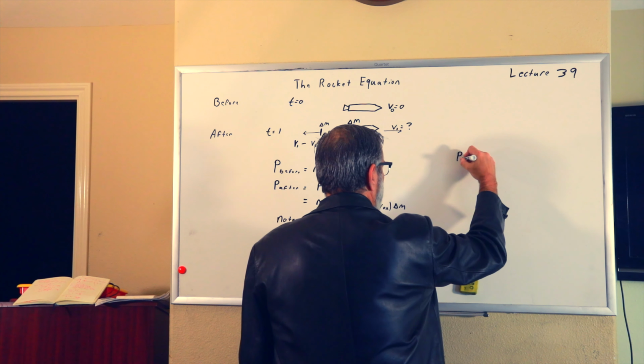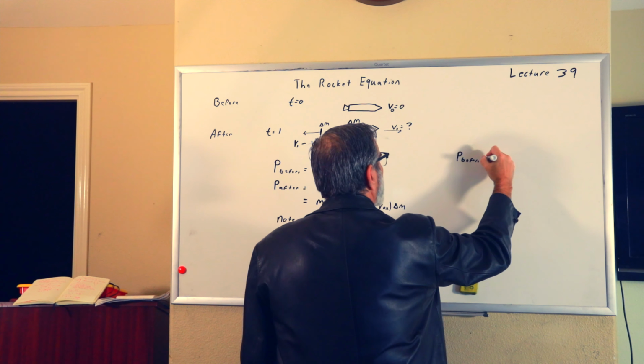Conservation of linear momentum says that P before is equal to P after, which says that M naught V naught is equal to M naught V1 minus V exhaust delta M. Now what I want to do is solve for V1.